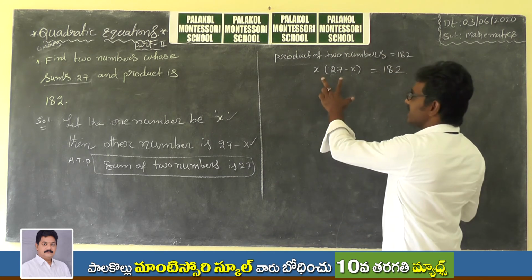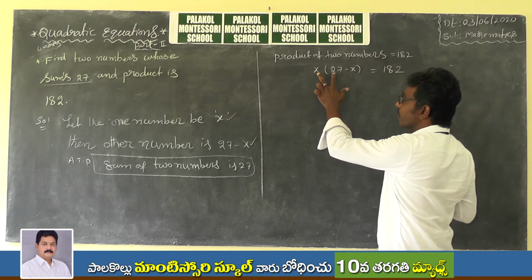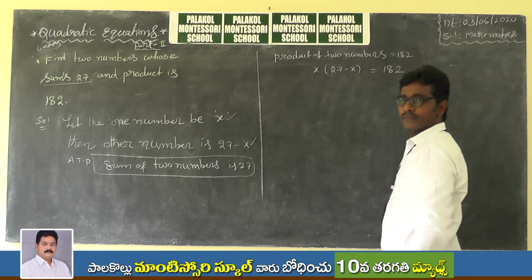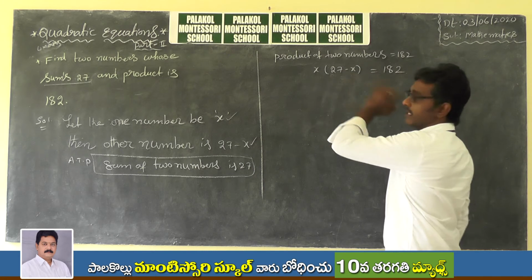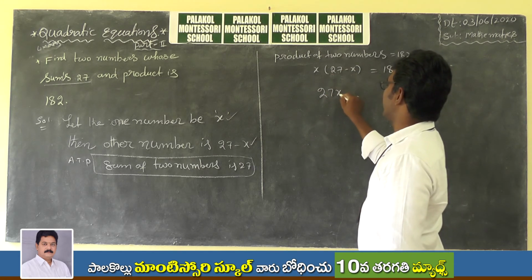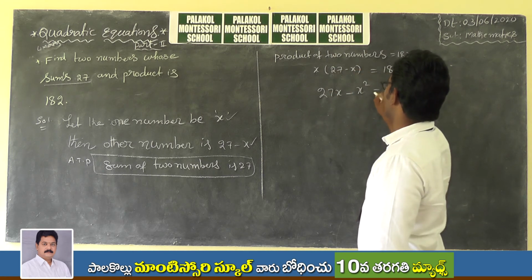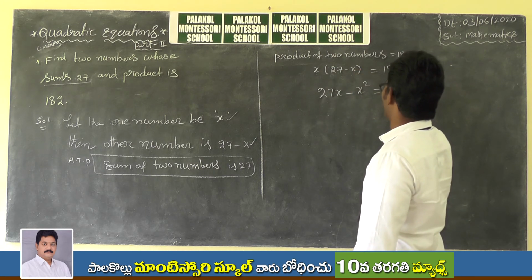So in this LHS part, there are two terms with a product operation. That means it's a multiplication. x into 27, 27x, minus x into x, x square, is equal to 182.